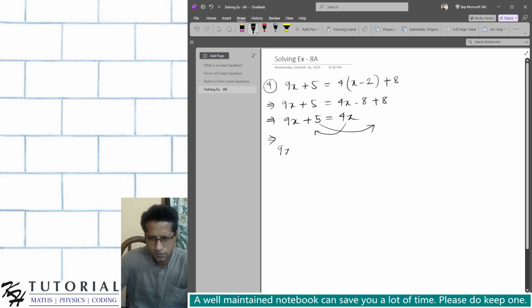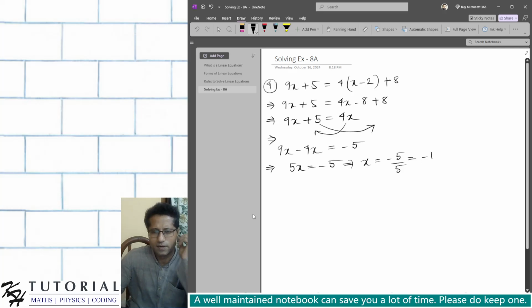When I transpose 4x to the left hand side, its sign will change, it will become minus 4x. And when I transpose 5 to the right hand side, its sign will change, it will become minus 5. Now if I simplify the left hand side, that is add the like terms, I get 5x is equal to minus 5. This implies x is equal to minus 5 by 5, which is equal to minus 1.